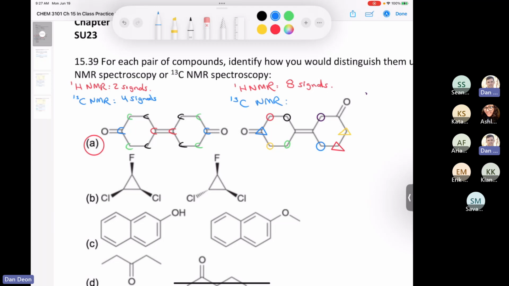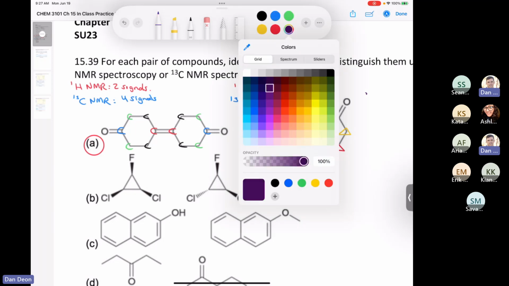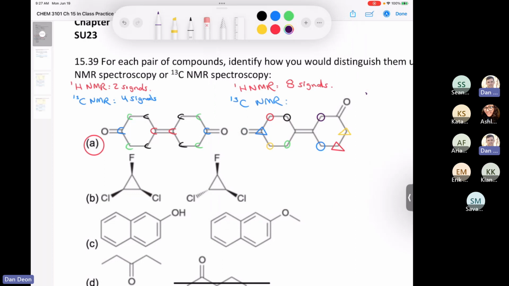Every single carbon, I'll use my purple pen here again. Maybe I could put an oval around one, a triangle around this one, and maybe yellow highlighter on this one. But every carbon in here is unique. So you would get a total of 12 signals for this compound.